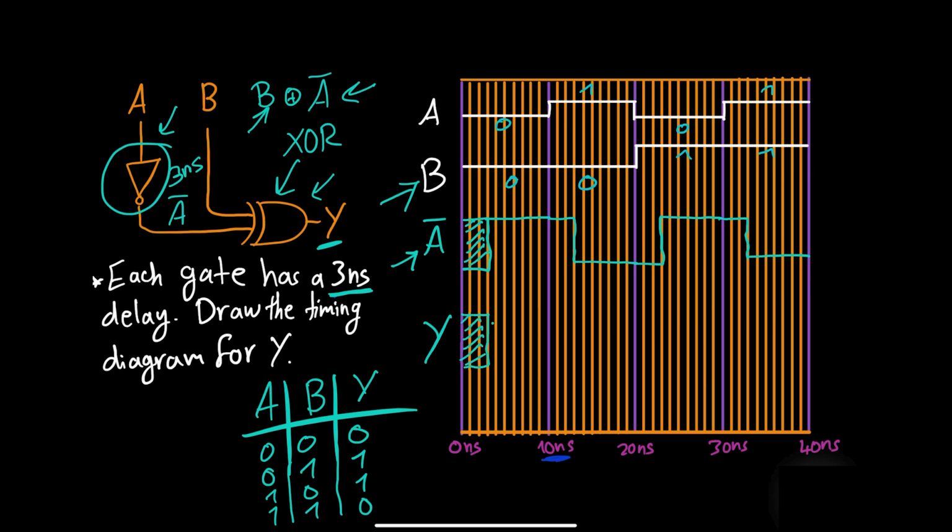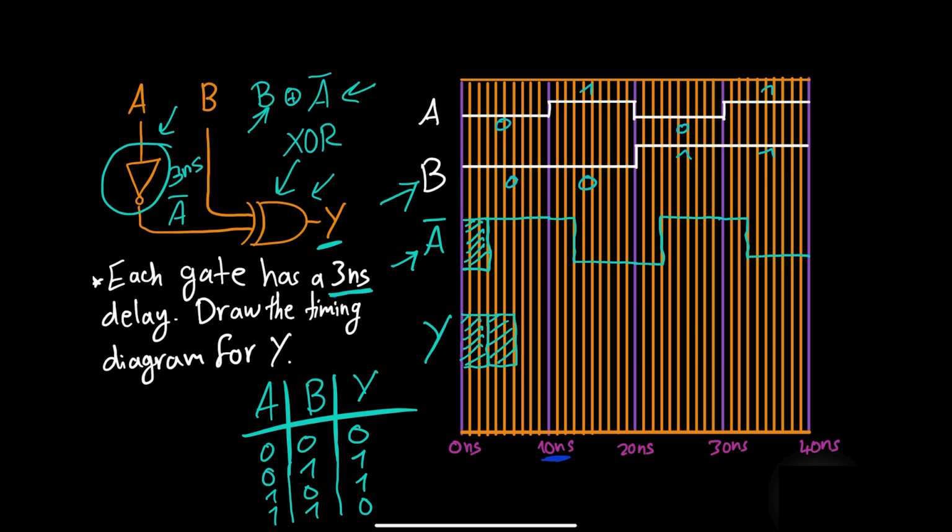Now it looks like the gate can start working, but we can't forget the 3 nanoseconds delay. So here at this point, Y will get the signal and it will need 3 nanoseconds to process the signal. So 1, 2, 3, which makes the first 6 nanoseconds in this case useless without any signal.